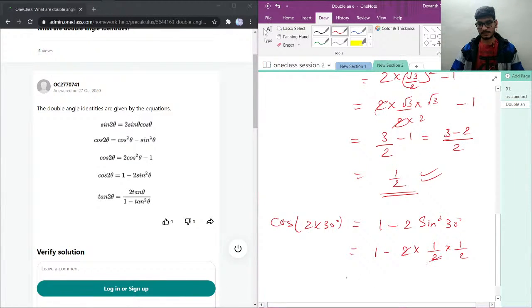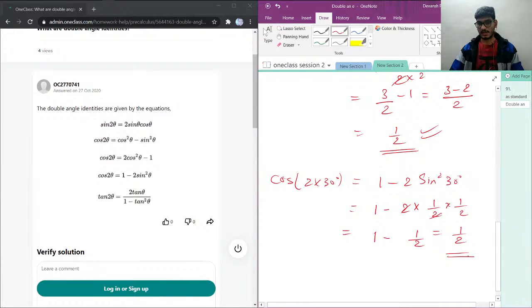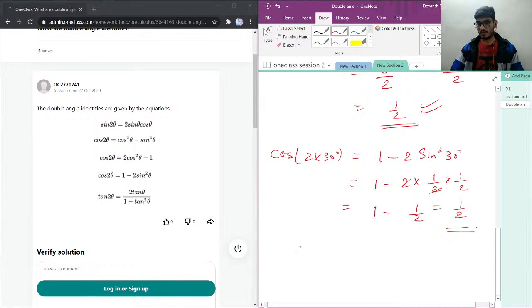And this 2 can get cancelled. So we have 1 minus 1 over 2, which is going to be 1 over 2. Again cosine 60 is again 1 over 2.